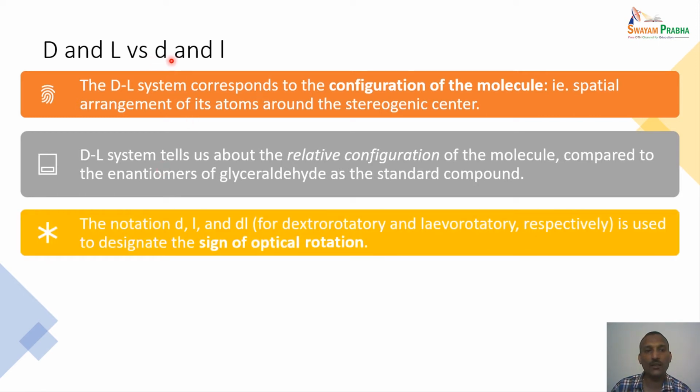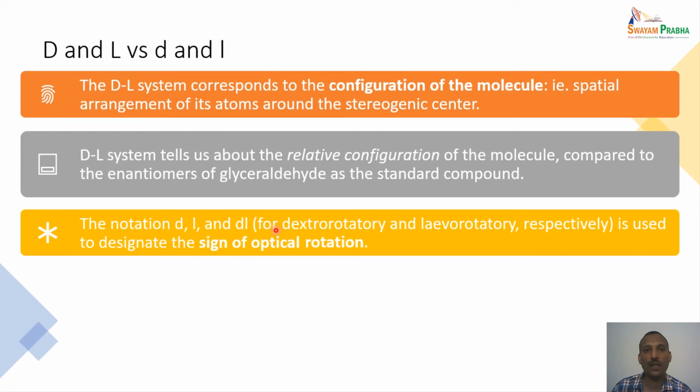When we say small d and small l, we are referring to dextrorotatory and levorotatory respectively. This is used to designate the sign of optical activity. If a tetrahedral carbon has four different groups or atoms, then we say it is a chiral compound.